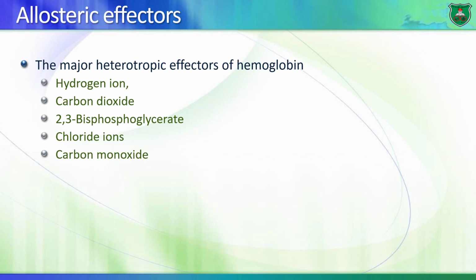So oxygen is a homotropic effector because binding of an oxygen would affect binding of another oxygen molecule. So we're talking about the same molecule. Here, binding of these molecules would affect binding of a different molecule, which is oxygen in this case. So these are known as heterotropic effectors.